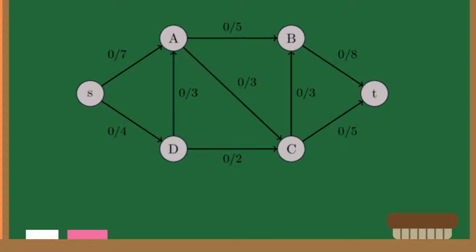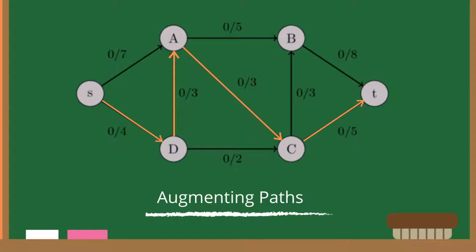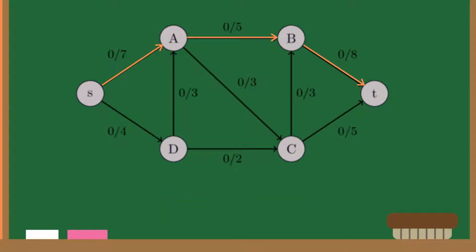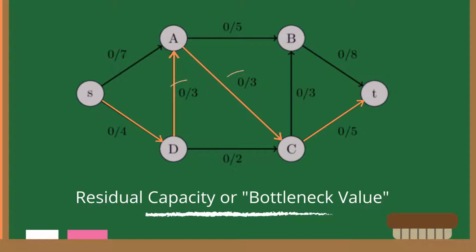The term augmenting path means that it is a path of edges within the residual graph, such as these two examples. When looking for augmenting paths, it is important to look for the bottleneck value or residual capacity in the flow, which is the edge with the smallest capacity within an augmented path. The residual capacity will be the number to determine the amount of flow to input for the created augmented path.